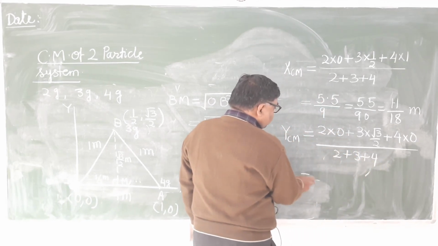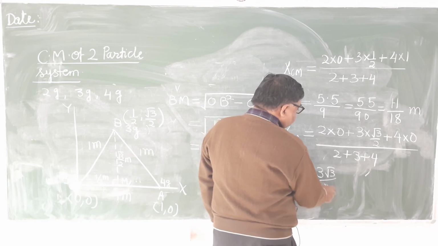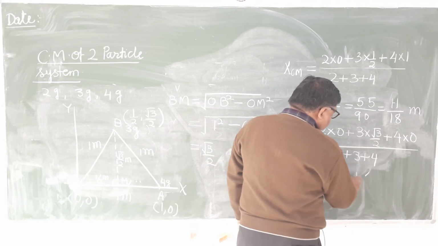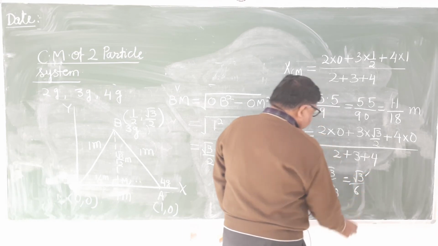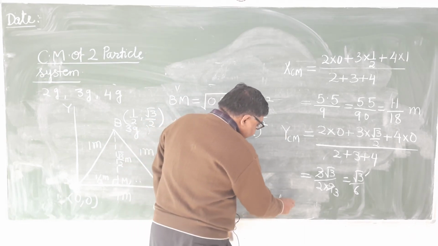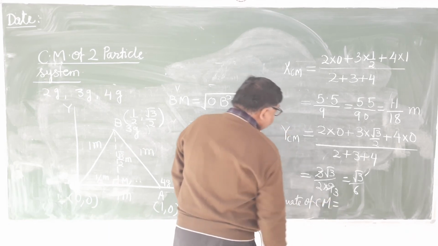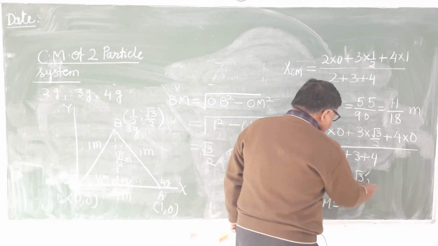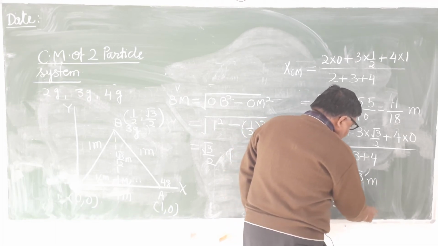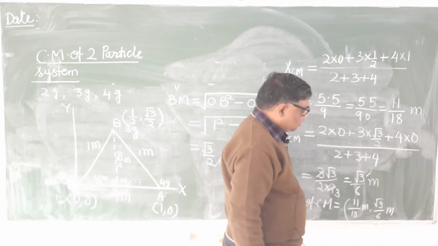So it will be equal to 3 root 3 upon 2 and 9, that is root 3 upon 6. So you can write the coordinate of center of mass: 11 upon 18 comma root 3 upon 6. It's clear this.